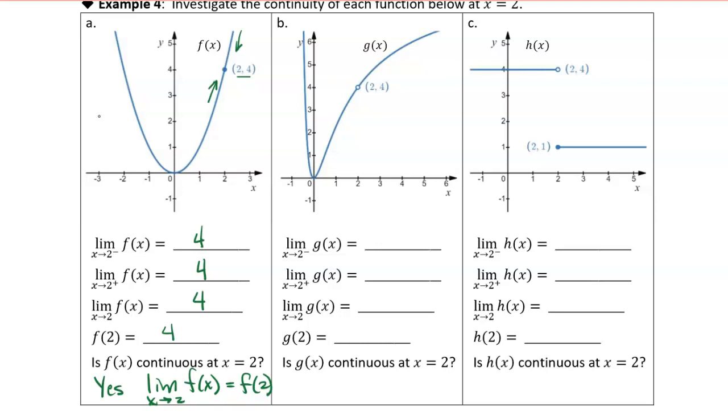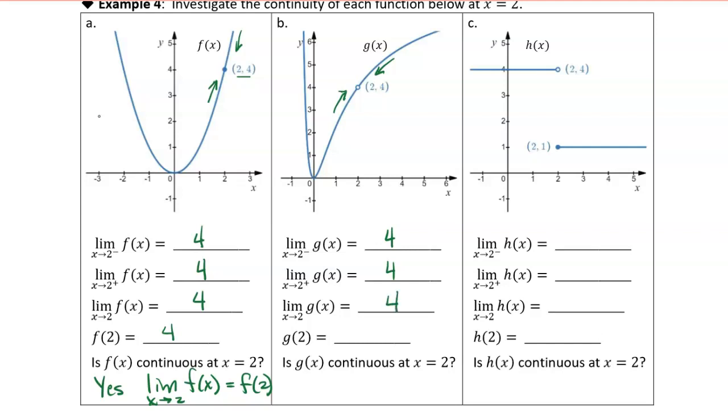All right, so let's take a look at g of x. So again, if I approach 2 from the left, it looks like the value of the function is approaching 4. If I approach from the right, it looks like the value of the function is approaching 4. So those two limits match, and I can say that the limit as x approaches 2 is 4.